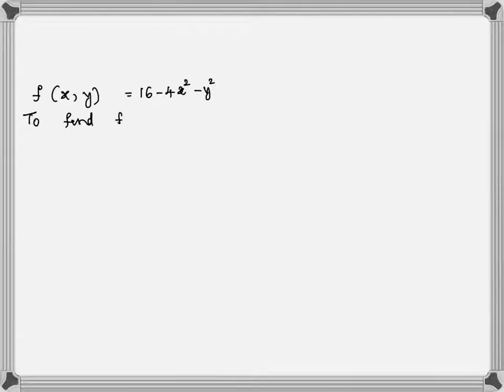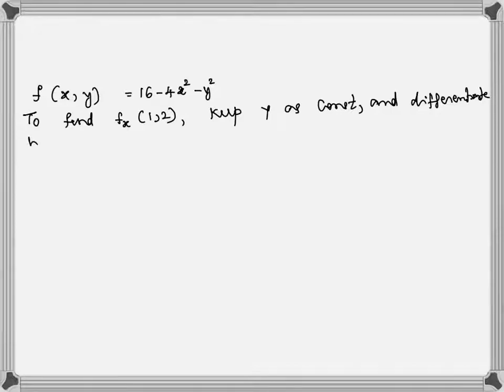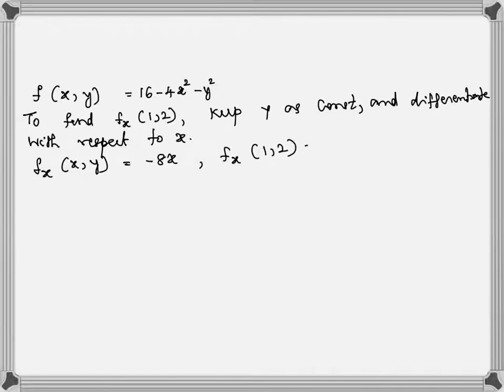To find the partial derivative fx at (1, 2), we are going to keep y constant and differentiate with respect to x. So fx equals negative 8x, and fx at (1, 2) is obtained by substituting x equal to 1. So it is negative 8 times 1, which is negative 8. So we have a negative slope of the tangent at (1, 2).